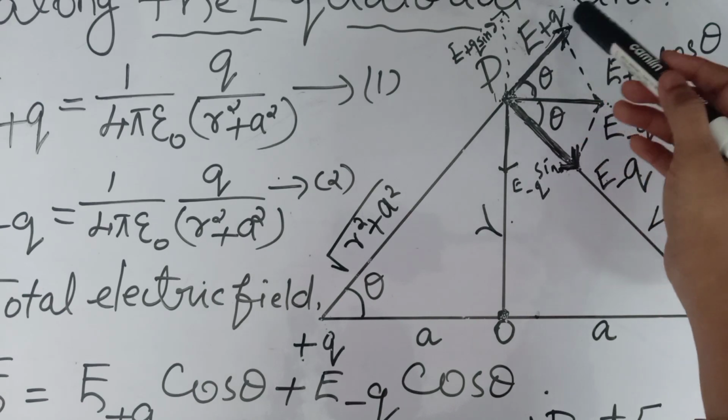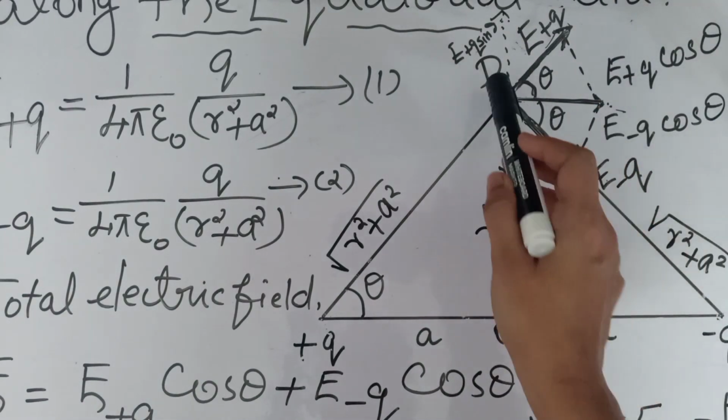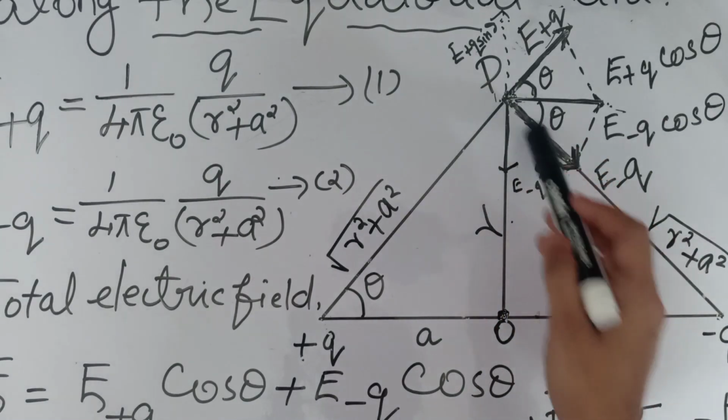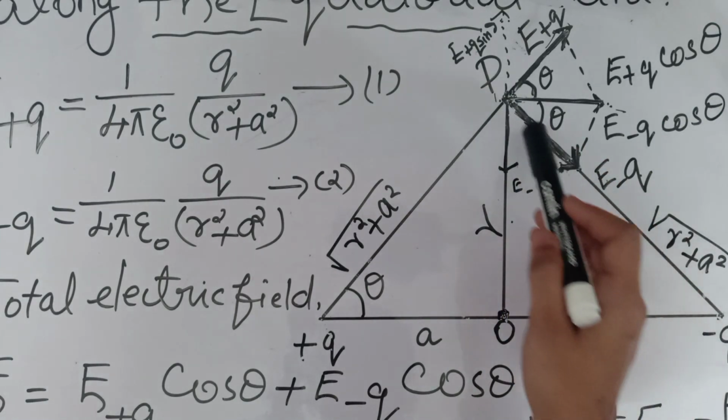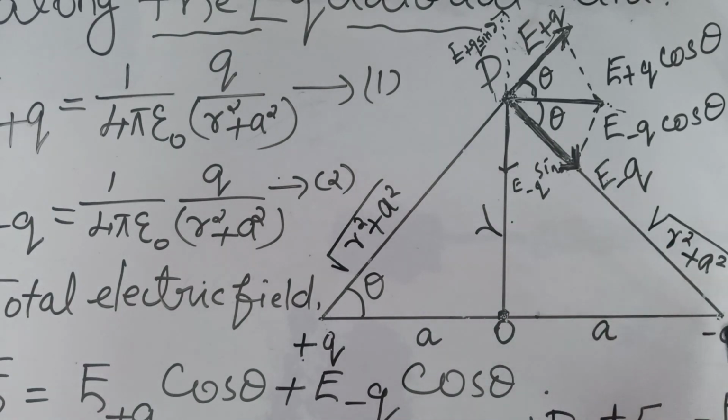The direction of E plus Q is outwards, and here we have the minus Q charge and this is a positive charge, so that will get attracted. So the direction of E minus Q is coming here, attracting toward the minus Q charge.